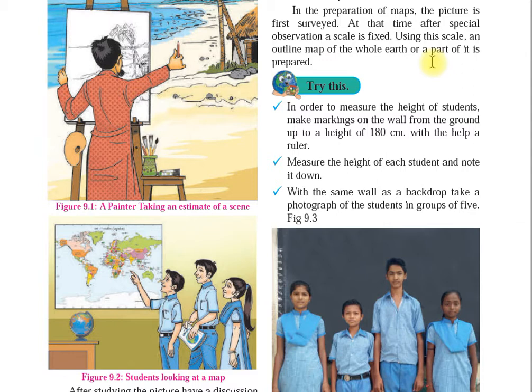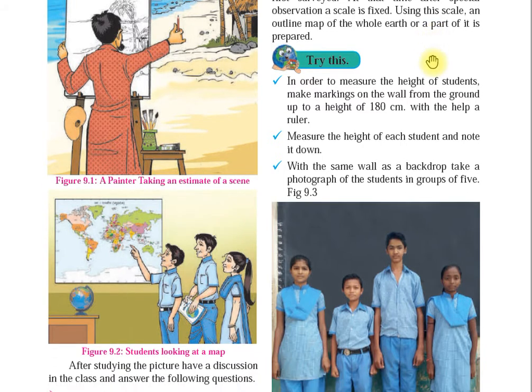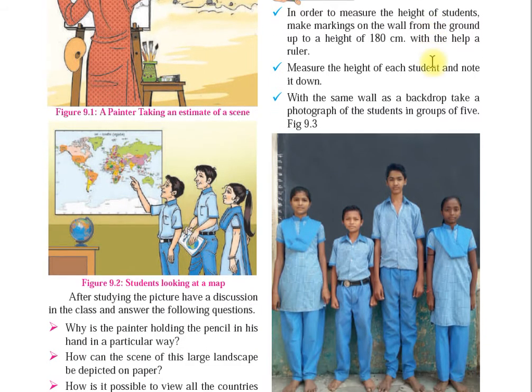Now see the next picture, picture number 9.3. In order to measure the height of a student, make markings on the wall from the ground up to the height of 180 centimeters with the help of a ruler. Now see in your class, if you want to take the height, what we do is stand against the wall and take the measurement.